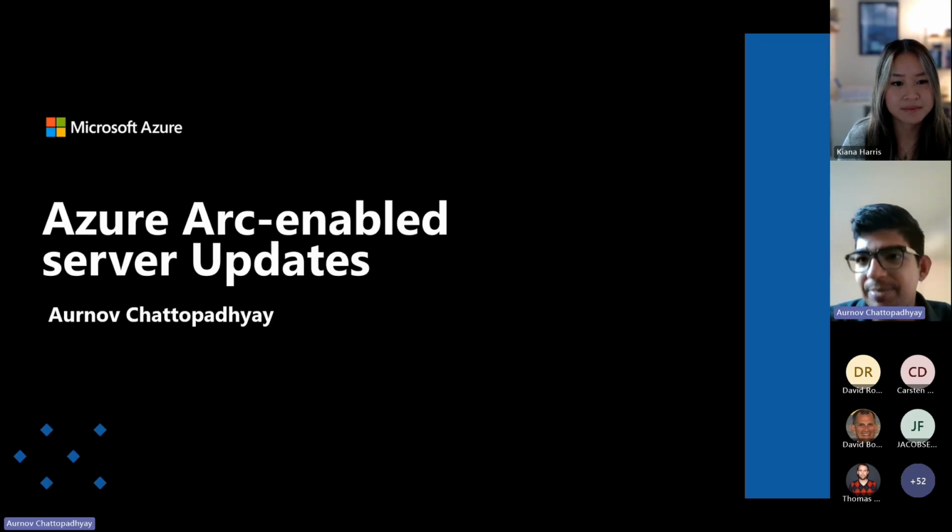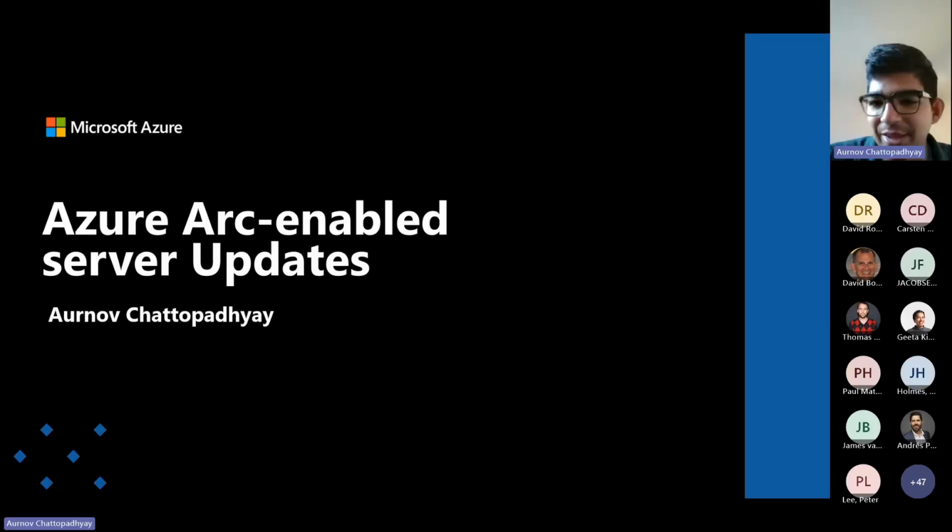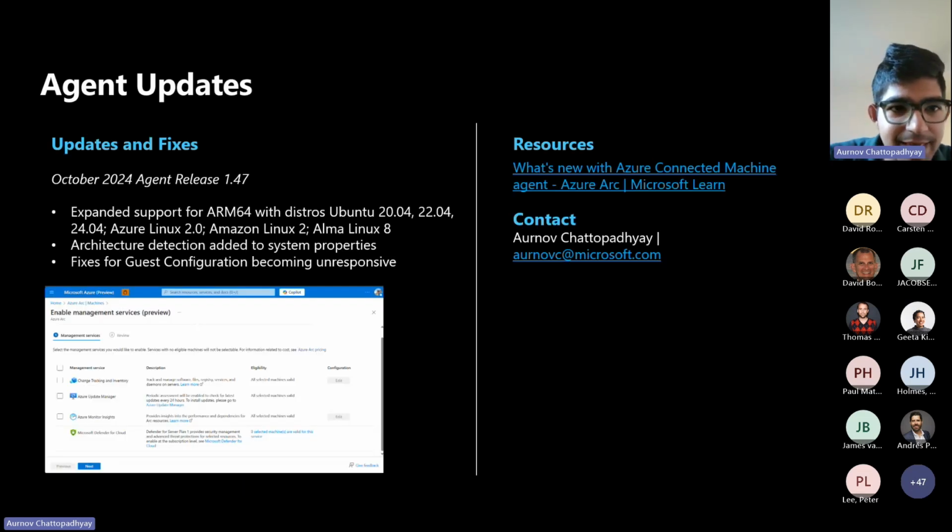So we've got some updates for you all with Arc-enabled servers. We did have an agent release in October. With our October agent release, we have expanded support for ARM64 with Linux distros Ubuntu 20.04, 22.04, and 24.04, as well as Azure Linux 2, Amazon Linux 2, and Alma Linux 8.